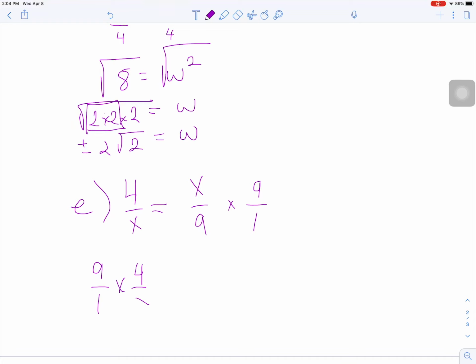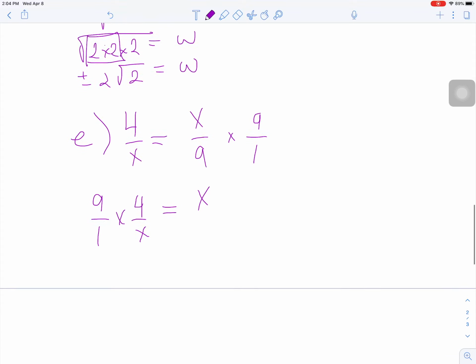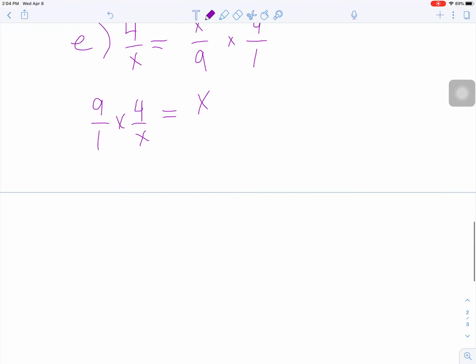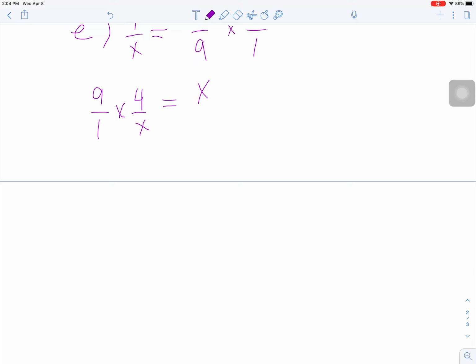And this side would be 9 over 1 as well, and what we get is x.